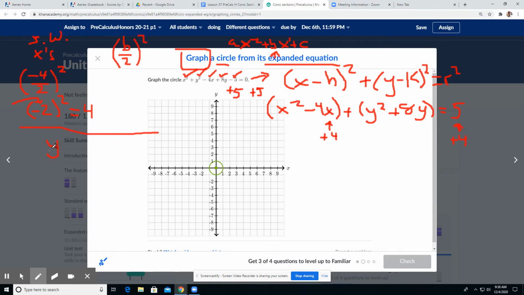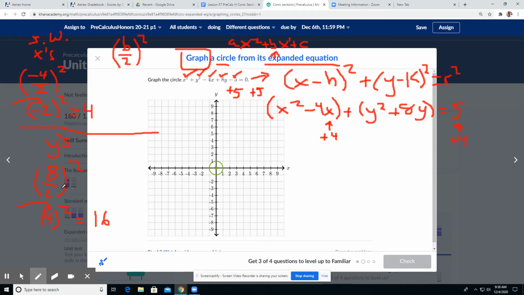Now I'll do the same thing for the y's. The y, b is 8. So it's going to be 8 over 2, quantity squared, which is 4 squared, which is 16. And I just love to remind that the 4 is going to show up in our binomial that gets squared.